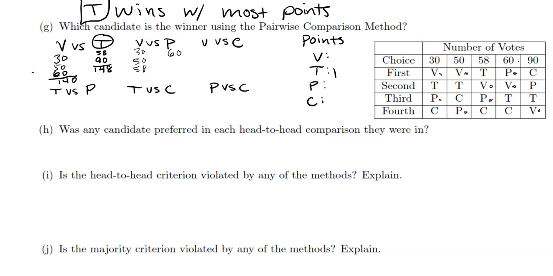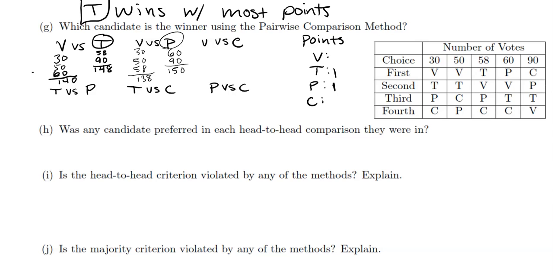And then V versus P in the fourth column, P is preferred, so they get 90. So P got 150 versus 138. So P was preferred there. So P is going to get 1 point for winning that head-to-head.